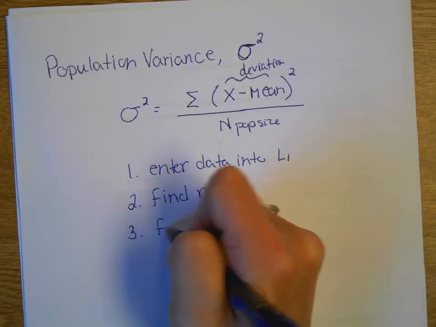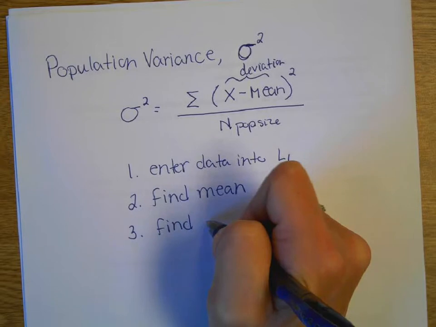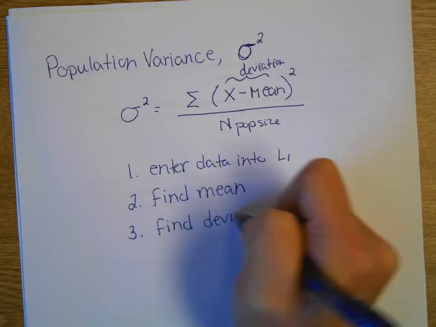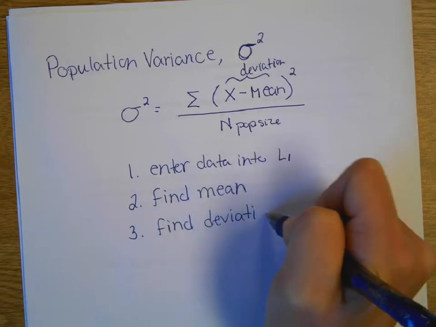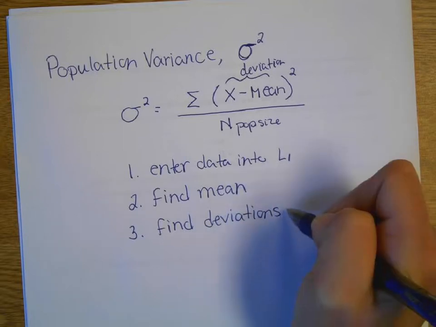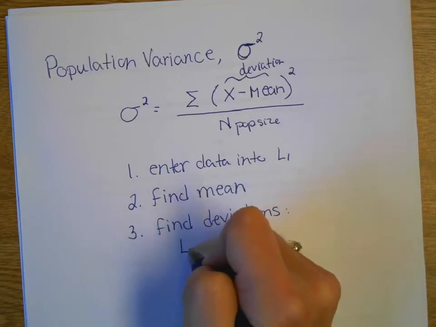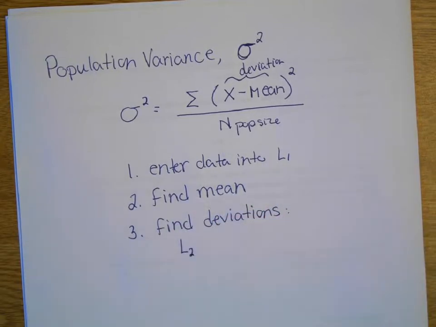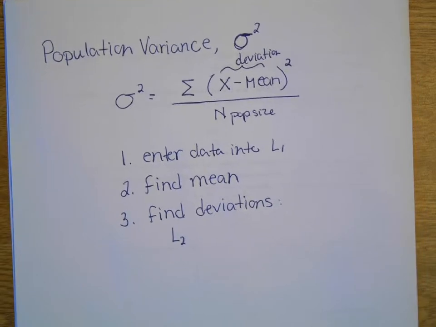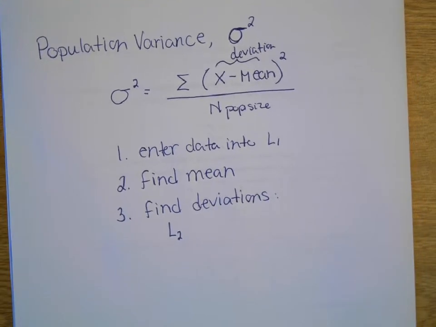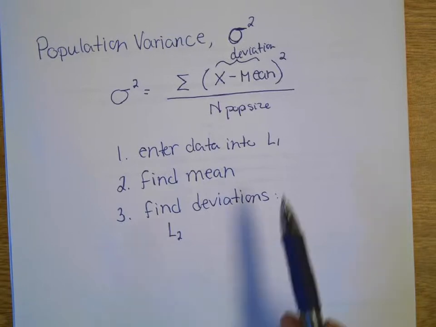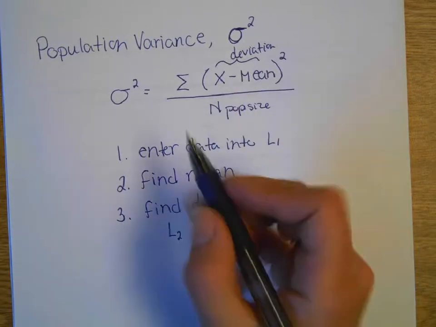And now you want to find the deviations. And this is where we can make the calculator do all the work for us. What you're going to do is go to L2. So go back to Stat, Edit. Clear out L2 if there's numbers in L2. Go all the way up on top so that you're on L2. And now I'm going to say, take all my x values are in list 1.